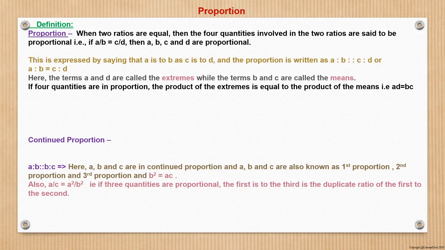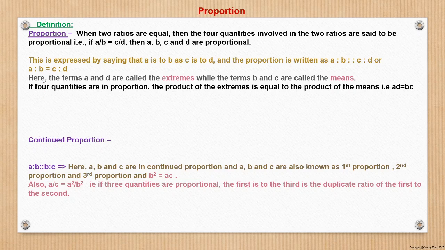Proportion, definition-wise: any four quantities, say A, B, C, D, are said to be proportional if the ratio of A by B, or A is to B, is equal to the ratio C is to D. That is, A by B as a fraction is equal to C by D. So what does this mean?